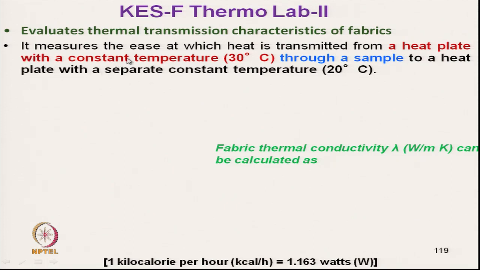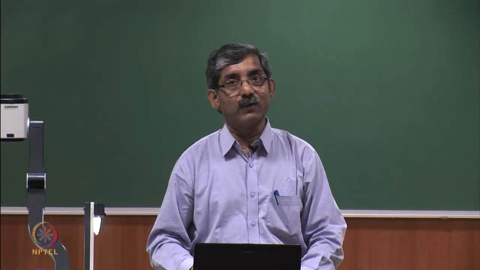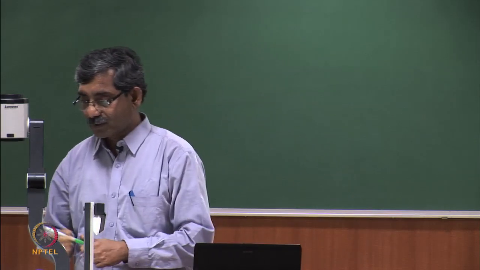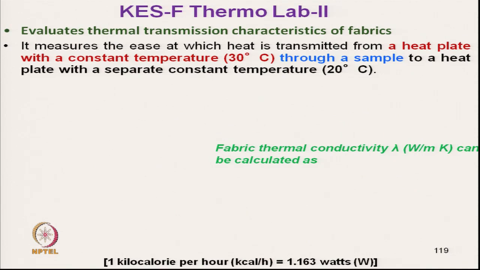It measures the ease at which heat is transmitted from a heated plate with a constant temperature of 30 degrees Celsius. So, there are two plates, one plate is at 30 degrees Celsius, the other is at 20 degrees Celsius. In between these two plates there is a fabric specimen.